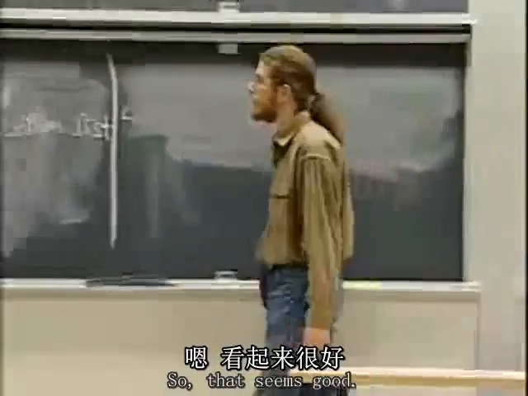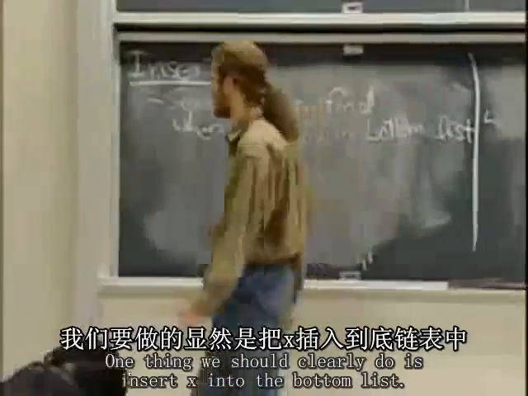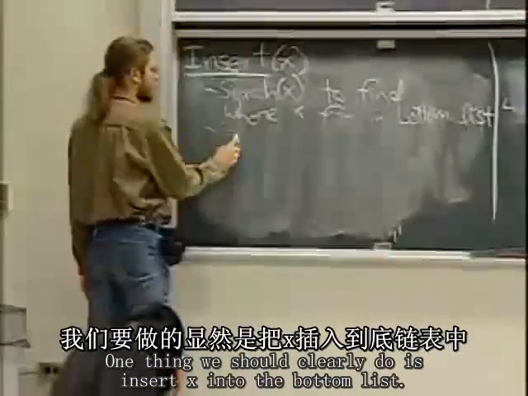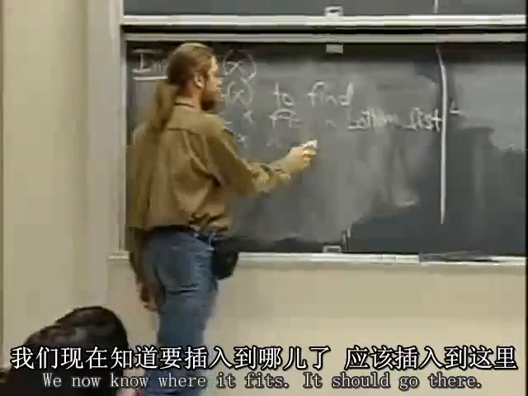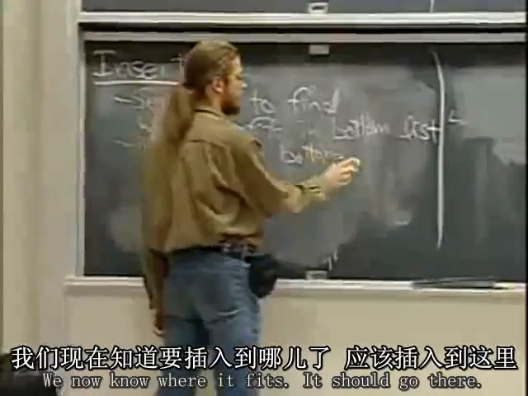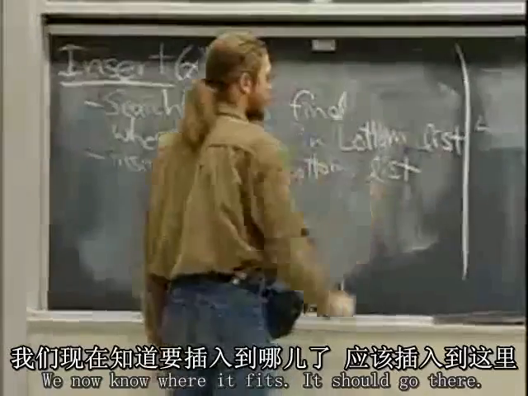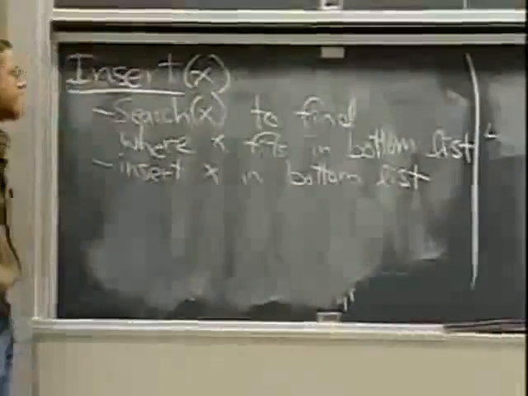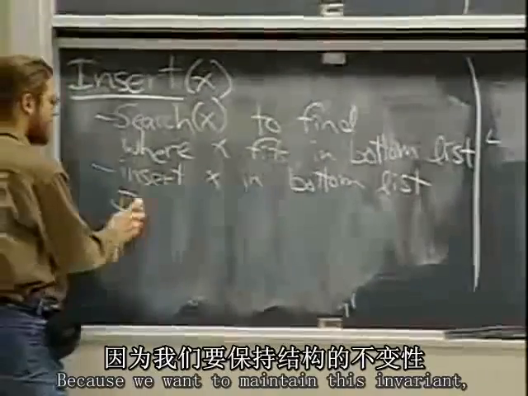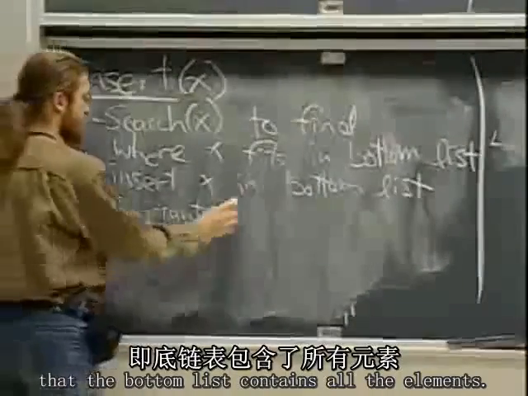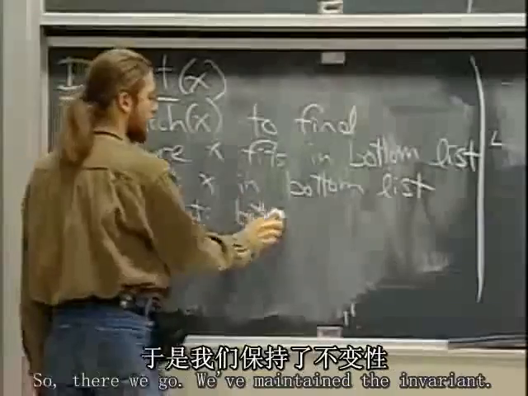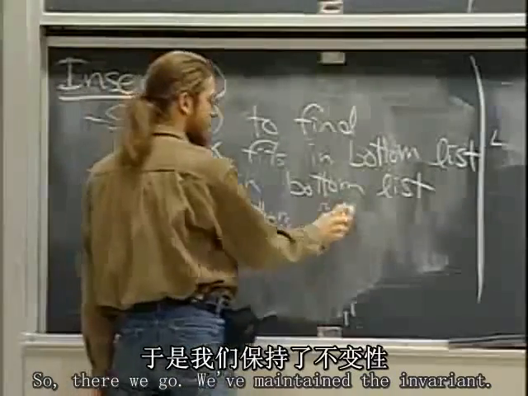So one thing we should clearly do is insert x into the bottom list. We now know where it fits. It should go there, because we want to maintain this invariant, that the bottom list contains all the elements. So there we go. We've maintained the invariant.